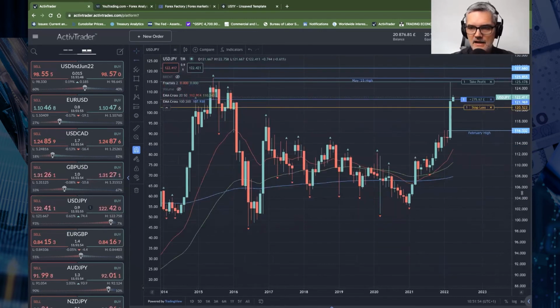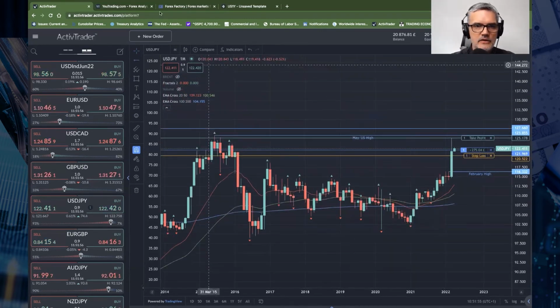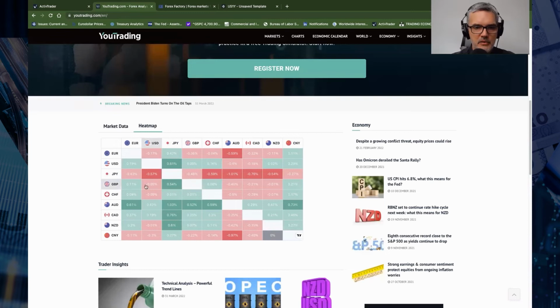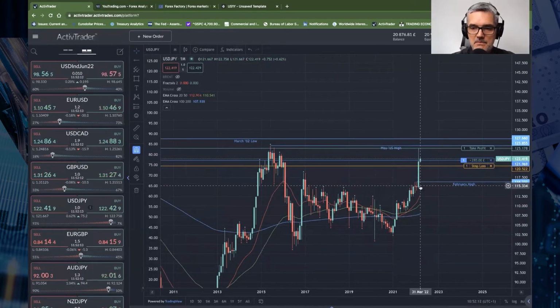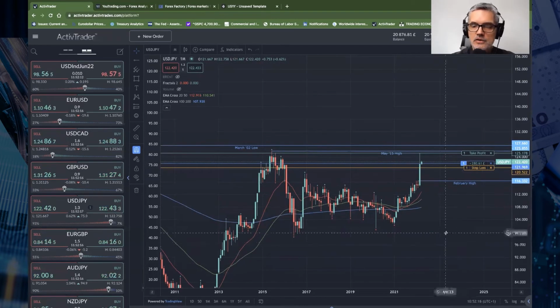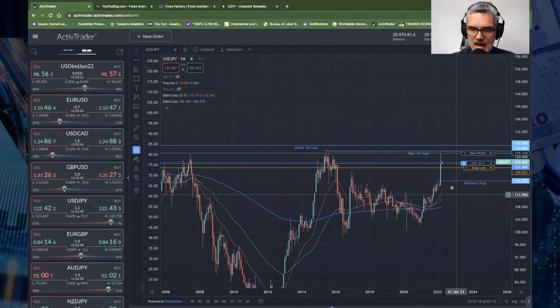Dollar versus the yen. If we go to the Forex heat map, we can see that today the yen is weak. US dollar is seeing some flows go into it. Also got flows going into the commodity pairs, so it's more of a risk on day anyway. So looking for the dollar yen to continue going higher. We had a big impulsive move obviously in March, which then caused the Bank of Japan to intervene.